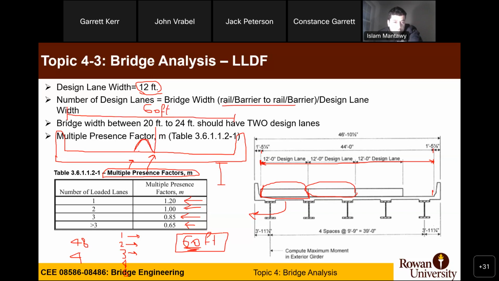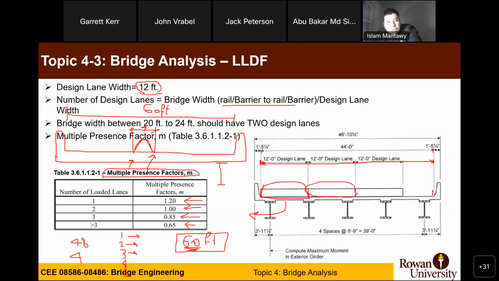This interior barrier is around maybe 4 feet. How are you going to start laying out your design lanes? How many design lanes do we have? 2 lanes on each side. So total 4.